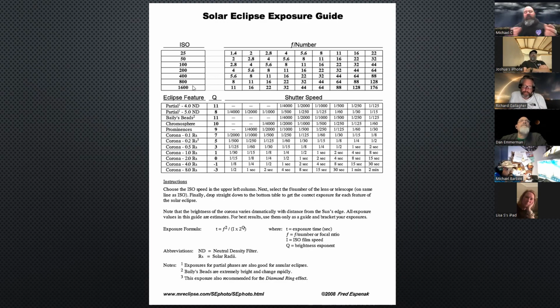The interesting thing is during totality, I don't know how many of y'all photographed in October, it got fairly dark during totality of the annular. In a total solar eclipse, if you're in the path of totality, it will be dark.